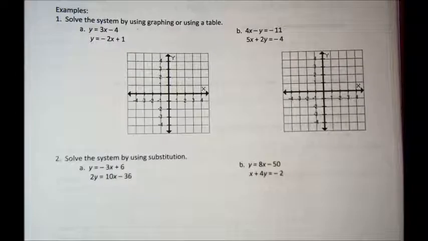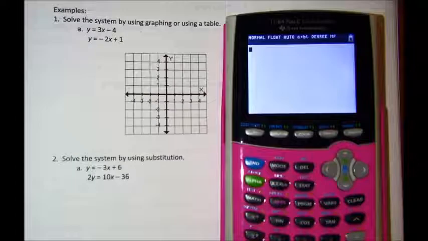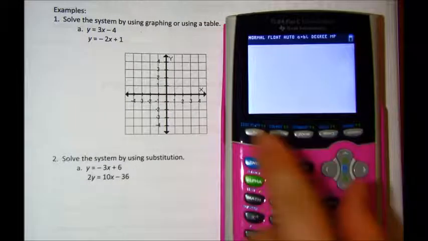We are able to use our calculator to help us graph and find intersections. In order to use our calculator, we need to have y alone. In the first problem, I already have y alone, so I can go ahead and put this directly into my calculator. To do that, I'm going to press y equals.